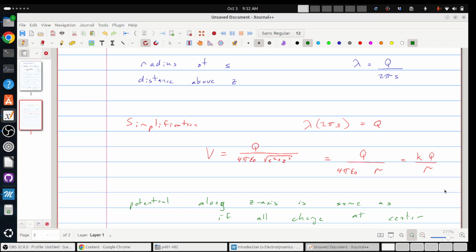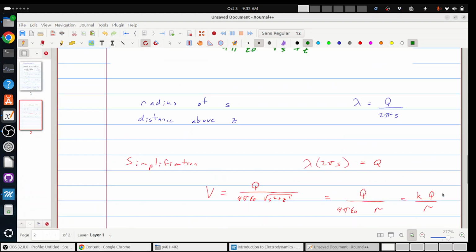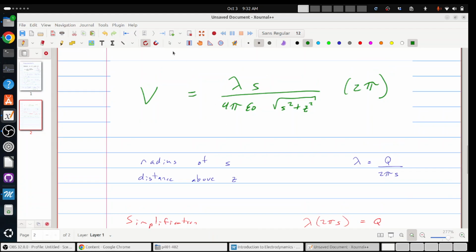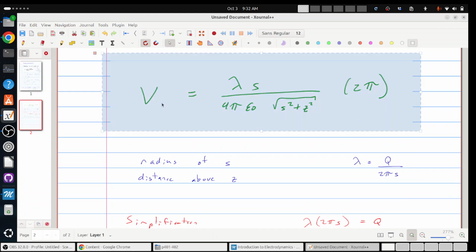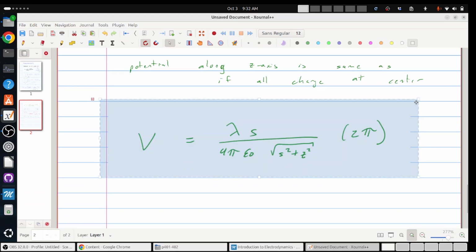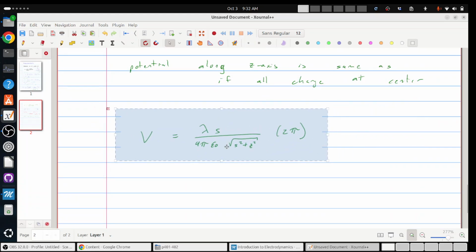Now we can see this another way. If I think about my equation here and I consider the case where Z is much, much larger than S. So I'm far away from this little circle of charge compared to the size of the circle of charge.